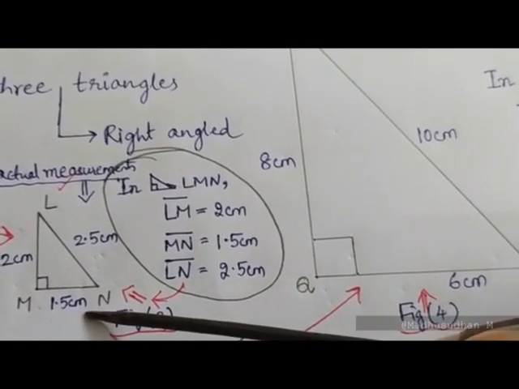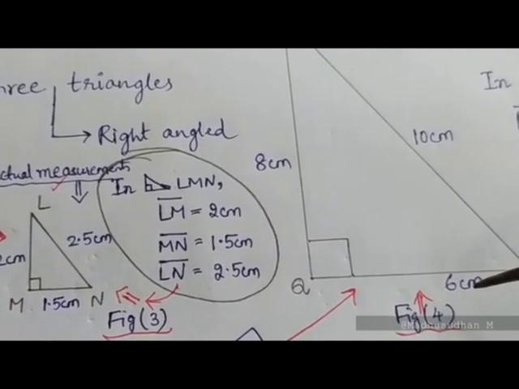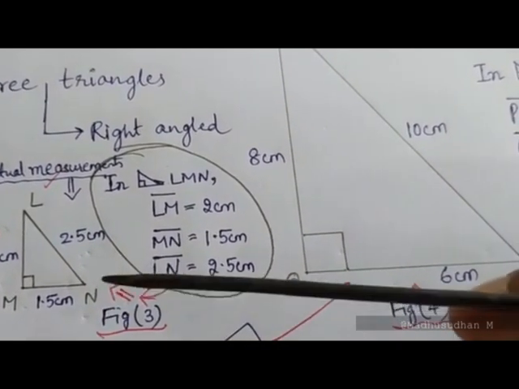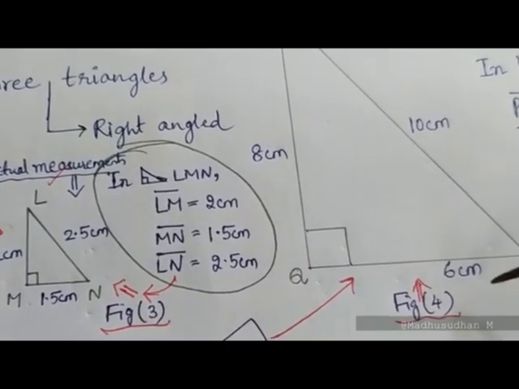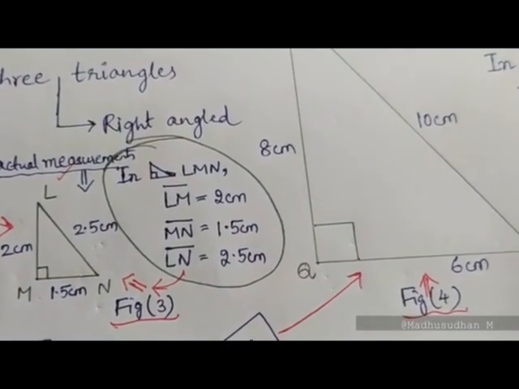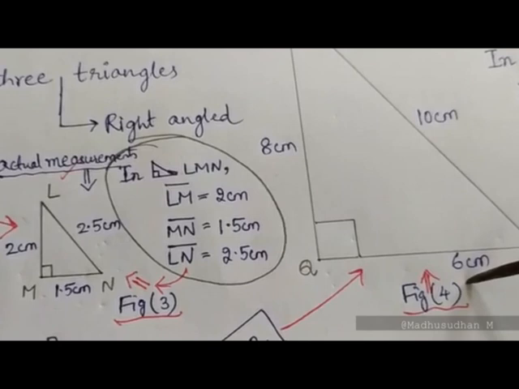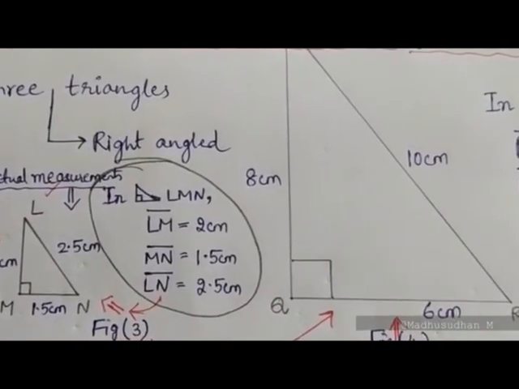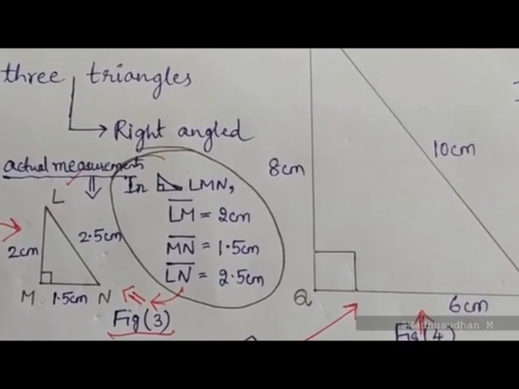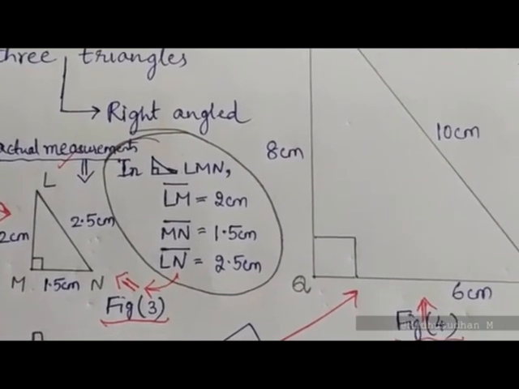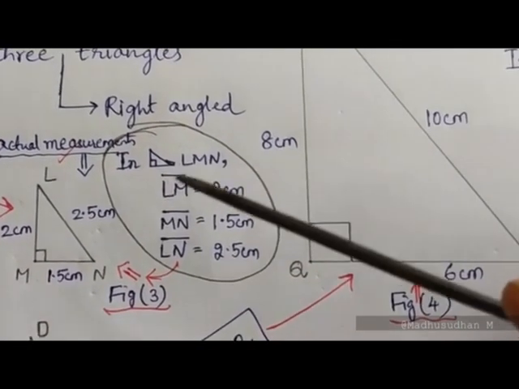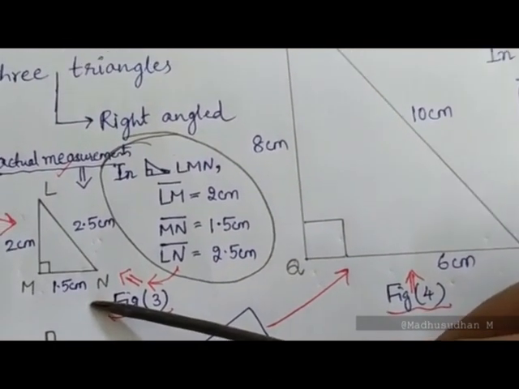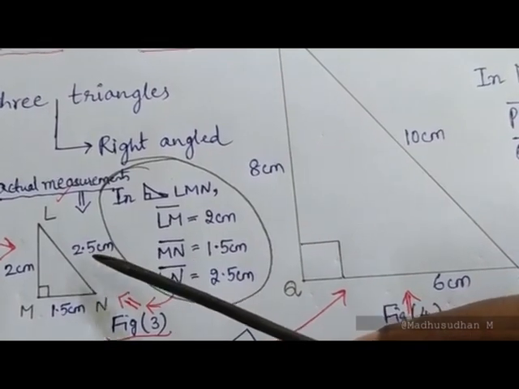This is 1.5, MN, that is equal to 1.5 centimeters in figure 3, correspondingly equal to QR, the length, which is equal to 6 centimeters here. So if we closely observe this figure 3 and figure 4, we can understand that there is a multiplication factor with the measurements given with the LMN diagram. Followed it, children?